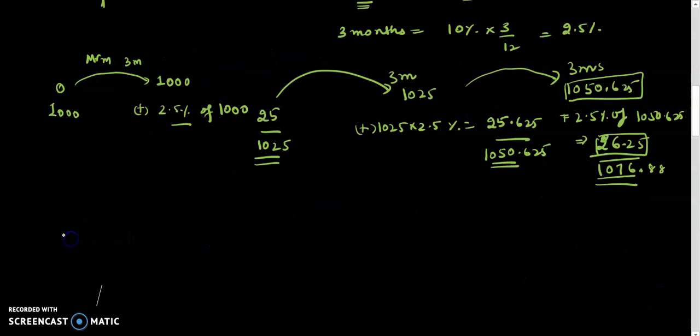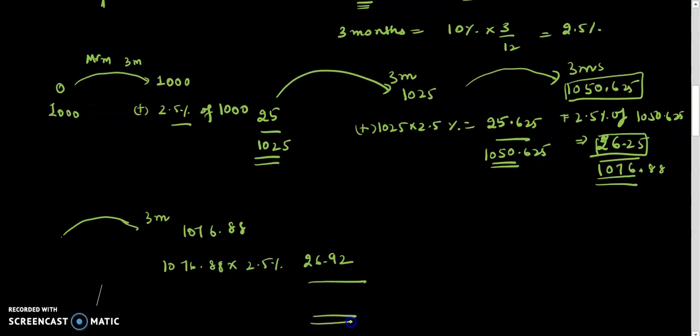And again after 3 months, now this time interest will be earned on 1076.88, which is 26.92, and at the end of the year 1, total amount is 1103 rupees 80 paise. This amount is the future value.